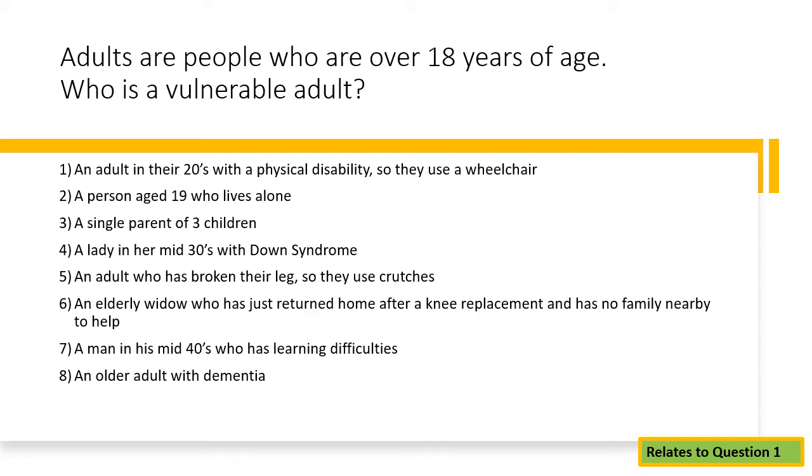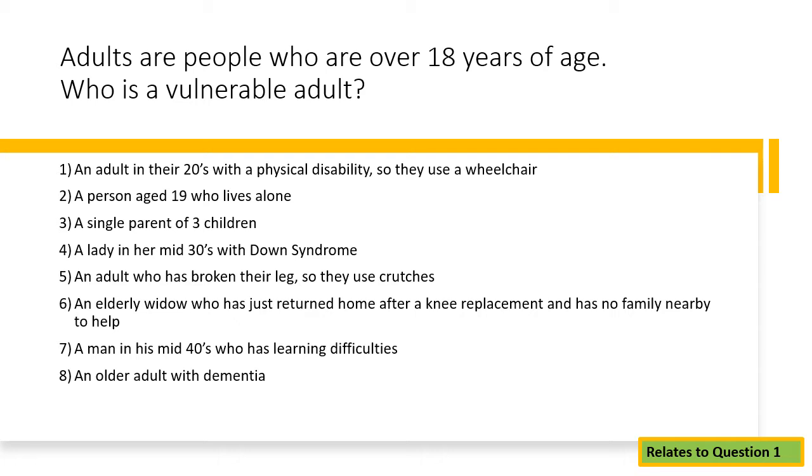Number 5, an adult who has broken their leg, so they use crutches. Number 6, an elderly widow who has just returned home after a knee replacement and has no family nearby to help. Number 7, a man in his mid-40s who has learning difficulties. And number 8, an older adult with dementia.